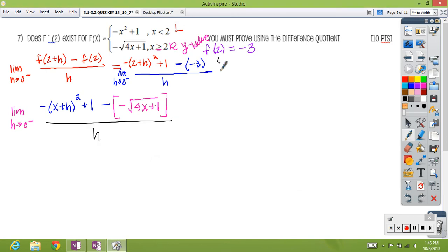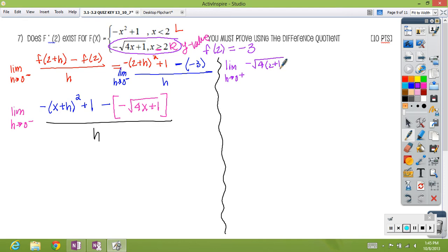Okay? But if you're doing the right side, because this is the right side and the y value, whether you do it using the value of 2, which is the smarter way to do this problem, I would have negative square root of 4 times 2 plus h plus 1 minus the negative square root of 4 times, oh, no, not 4 times, sorry.